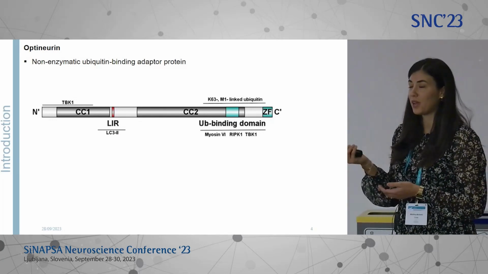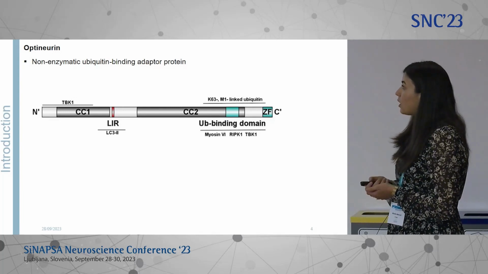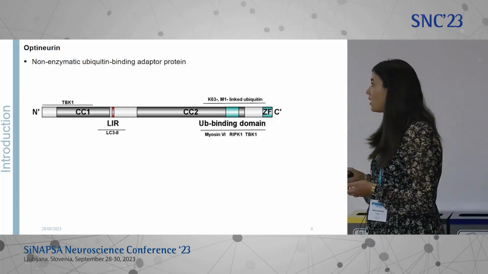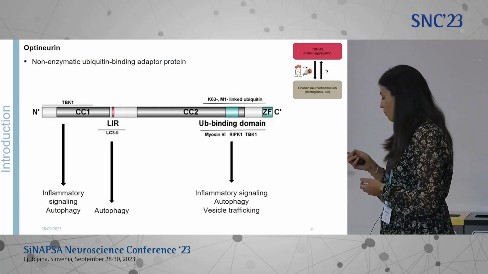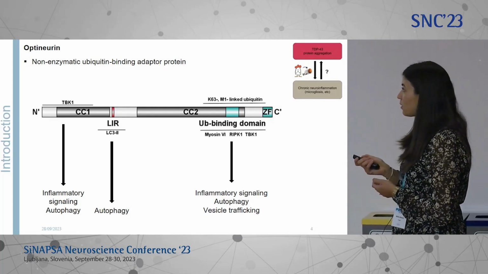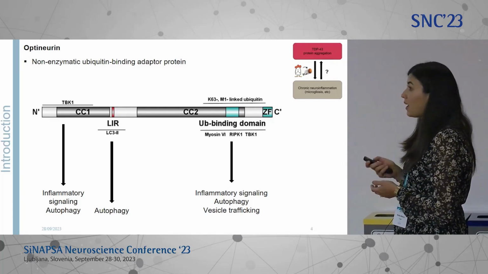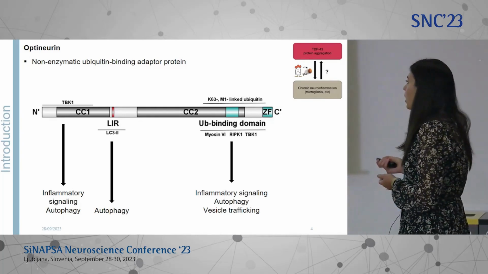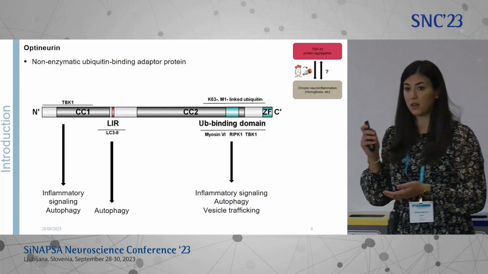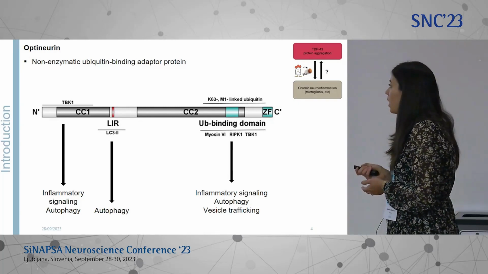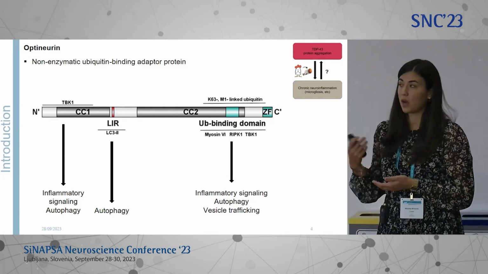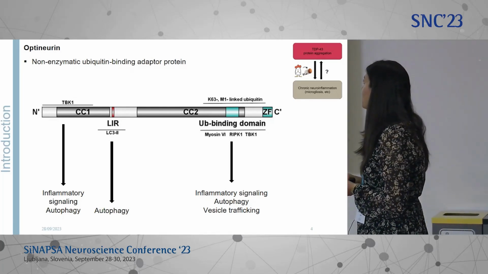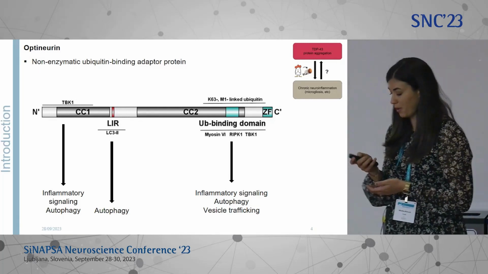To recap briefly what Ivana said, optineurin is a non-enzymatic ubiquitin-binding adapter protein that is directly implicated in inflammatory signaling by binding TBK1, and in autophagy by binding LC3 and ubiquitinated cargo. Together with vesicle trafficking, these pathways are found altered in neurodegeneration and could lead to TDP43 protein aggregation and chronic neuroinflammation.